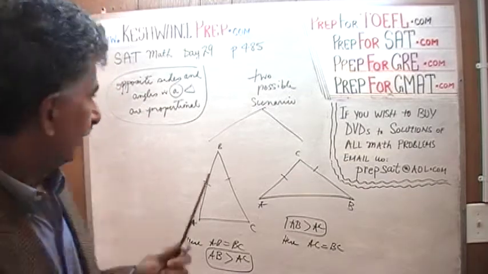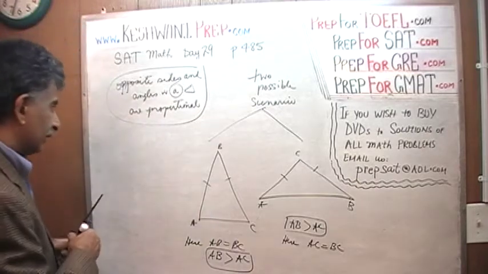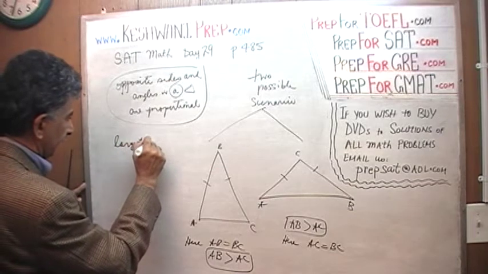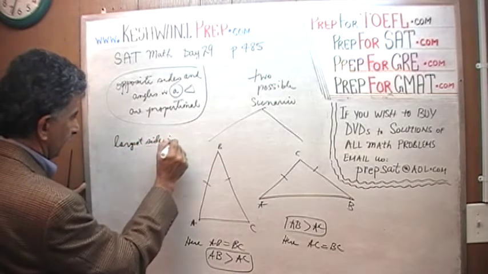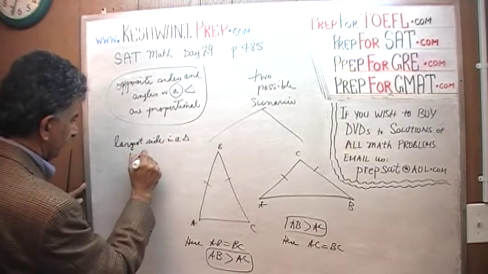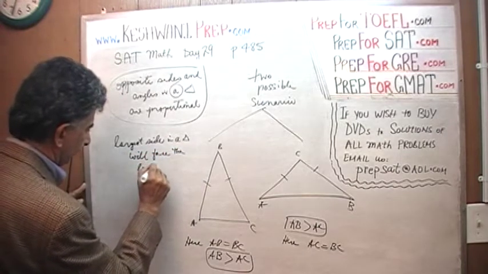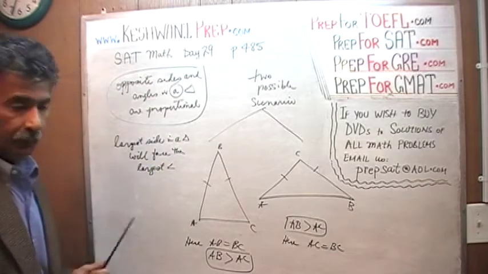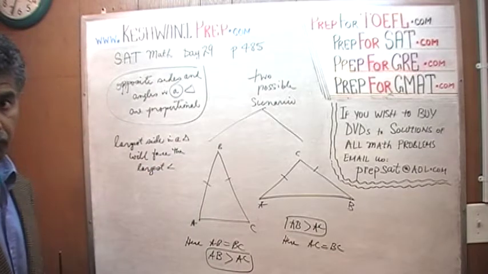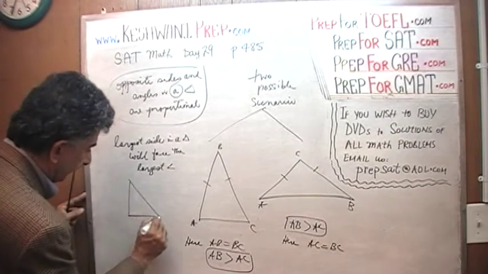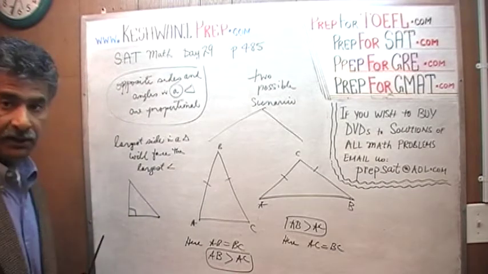What does it mean? It means that the largest side in the triangle will face the largest angle. Or the other way around, the largest angle will face the largest side, which is why in a right angle triangle, the largest angle is the 90 degree.